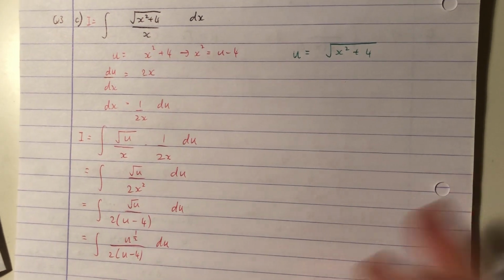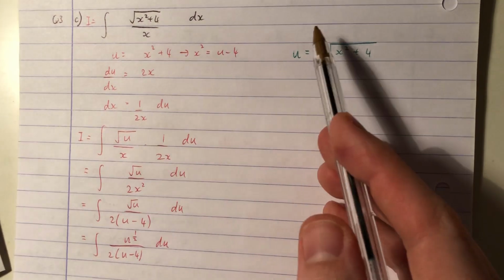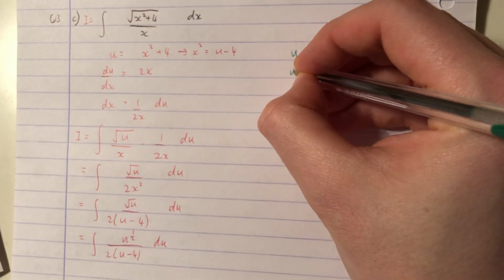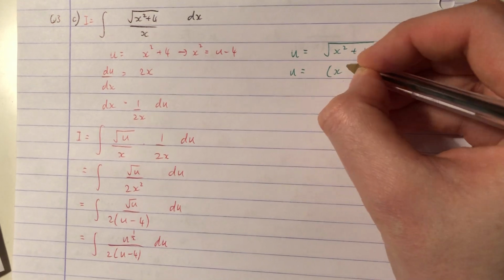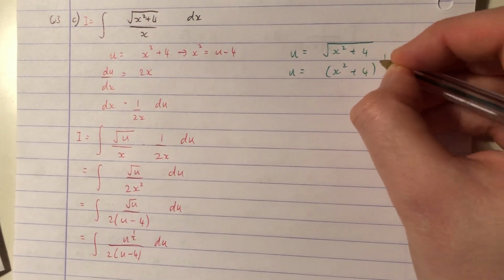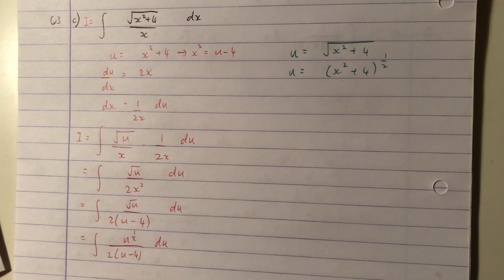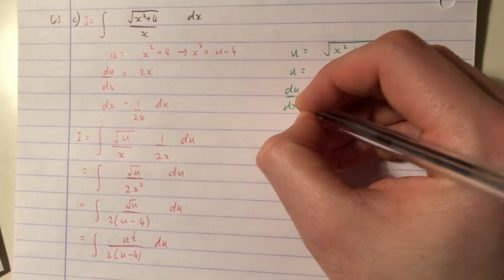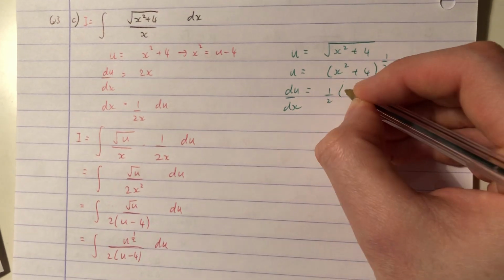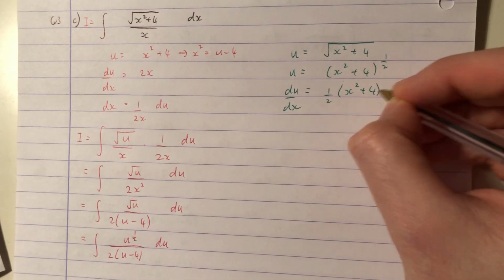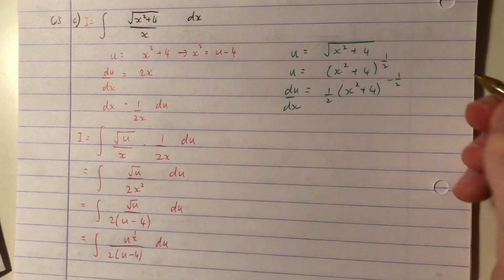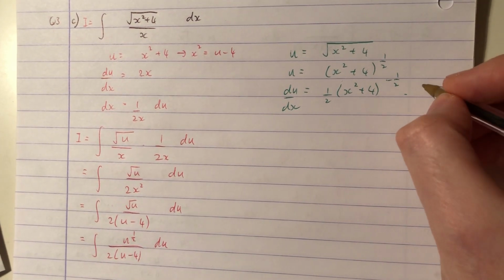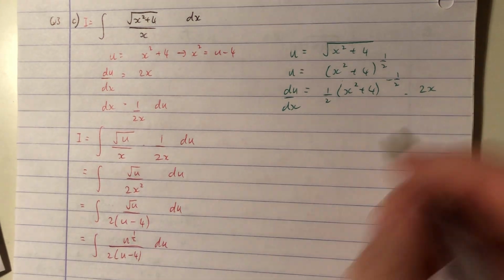So I'm going to go to the other option, this substitution. And this one, before I differentiate, you need to write it in index form. Now I have to use the chain rule, something to the power of a half. So du by dx, bring the power down, knock one off the power, and then chain rule says times by the bracket differentiated, so times by, in this case, 2x.